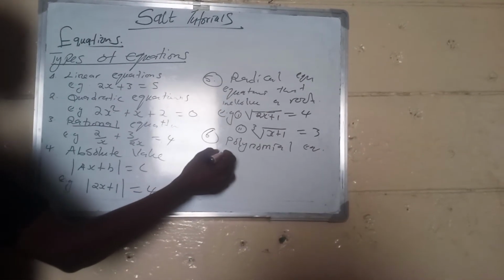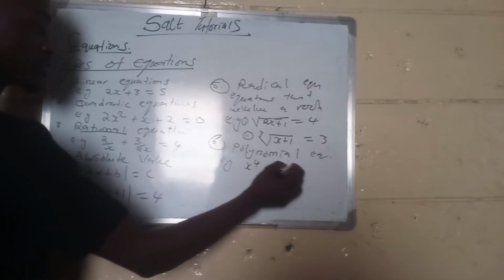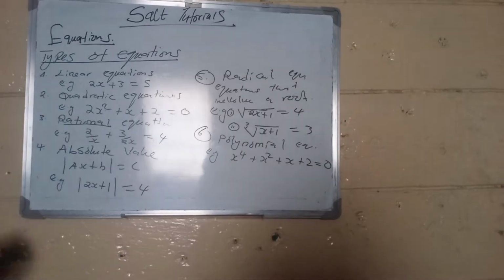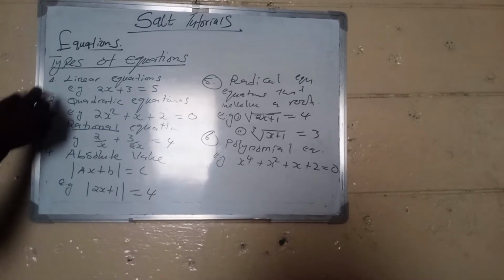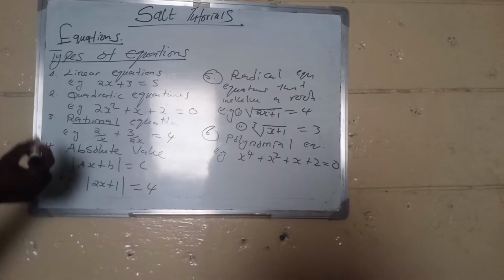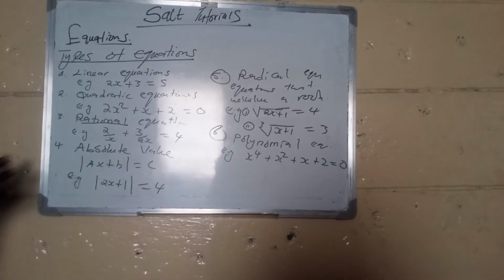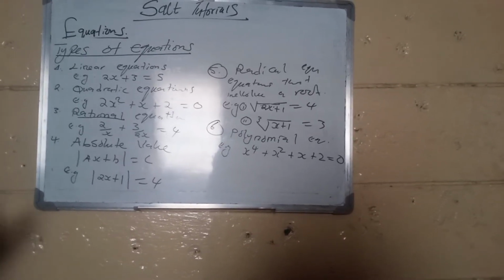For example, you can be told to find the value of x in x to the power 4, x squared plus x plus 2 equal to 0. This is a polynomial type of equation. So all these are the types of equations you'll be looking at. We can talk about linear, which is the simplest. We can talk about quadratics, rational, absolute, radicals, as well as polynomials.